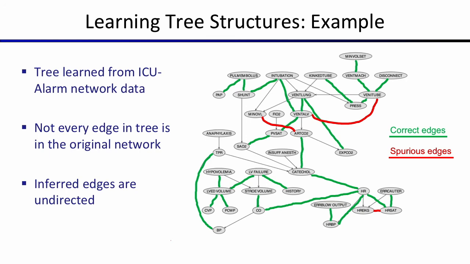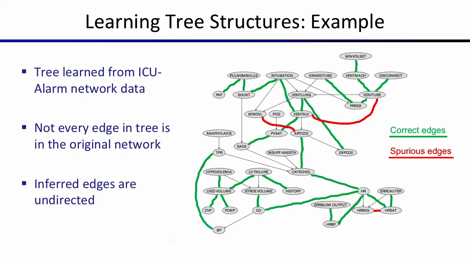And one good example is the ICU alarm network. The ICU alarm network is a Bayesian network that was built by hand. So every one of the nodes, the connections between the nodes, and also the probabilities, the parameters, were all specified by experts.